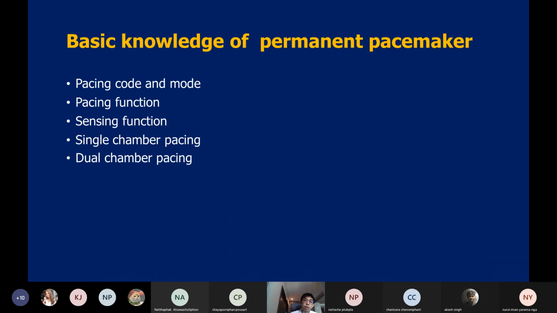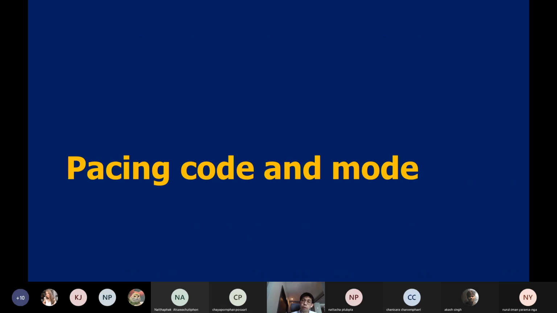The third one is sensing function, and we will look deep into the details of single chamber pacing and the details of dual chamber pacing. First of all, the pacing code and the mode. This is the first thing you have to know about the pacemaker.